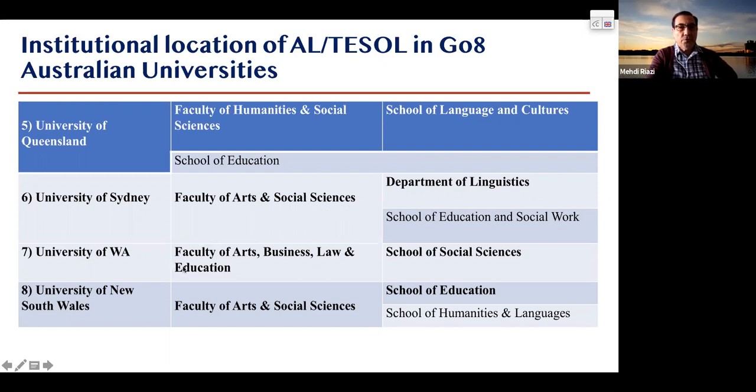University of Western Australia, they were based in the School of Social Sciences under Faculty of Arts, Business, Law and Education. And in University of New South Wales, they were in the School of Education as well as the School of Humanities and Languages under the Faculty of Arts and Social Sciences.